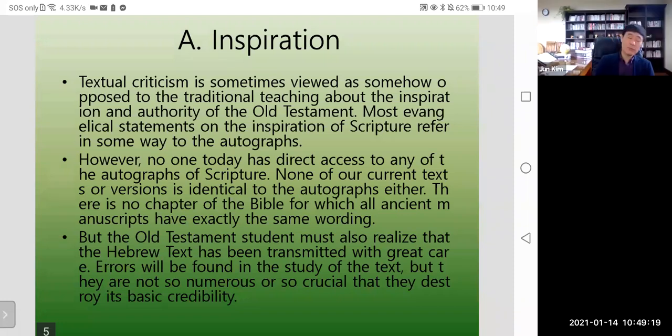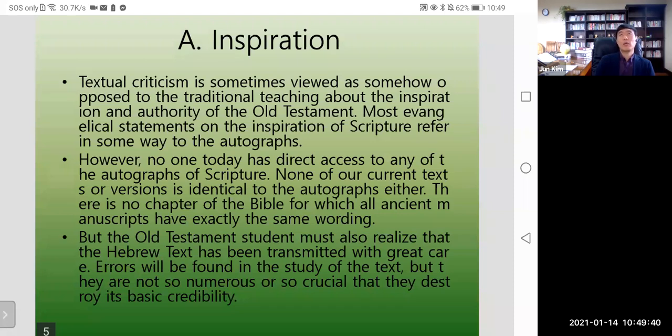So it's a general idea of how important it is for us to understand the value of textual criticism without nullifying the concept of inspiration. When you're talking about the issue of inspiration, people are quite confused.